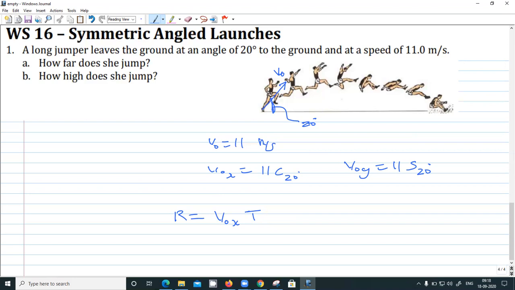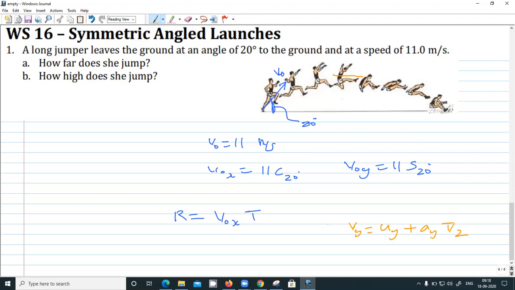We could use half the motion. We have to analyze the half motion, so the maximum point: Vy equal to Uy plus Ay t by 2.